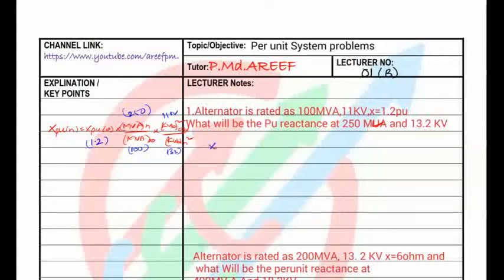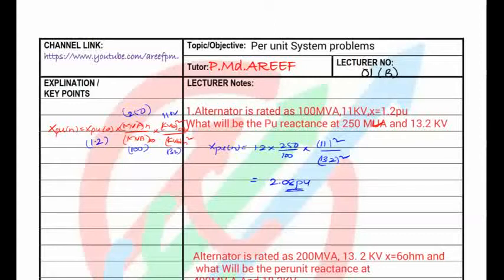X per unit new is equal to 1.2 into 250 divided by 100 into 11 whole square divided by 13.2 whole square. If you solve this equation, you will get 2.08 per unit.